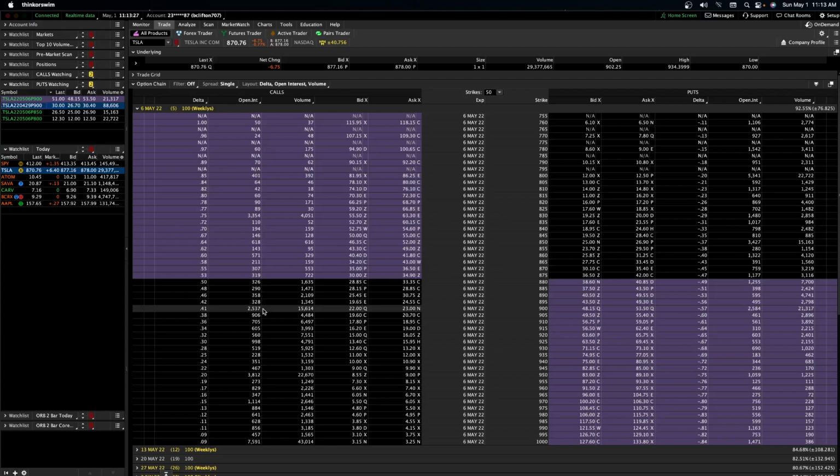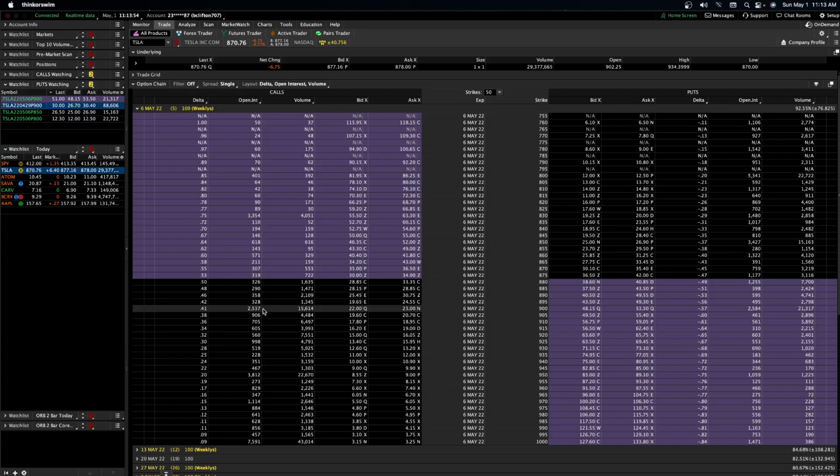Okay. And you'll also notice something that I've experienced here lately, especially on Tesla, that the deeper the strike price gets in the money. So let's say that you're trading Tesla that day and it's trading at $900. I'm just going to use $900 as an example. It's trading at $900, and you're looking at the 850 call, right?